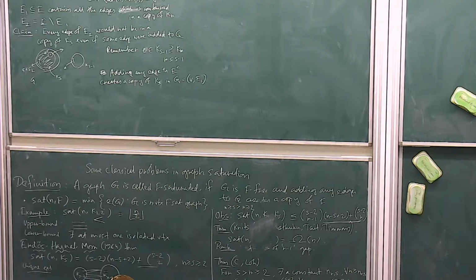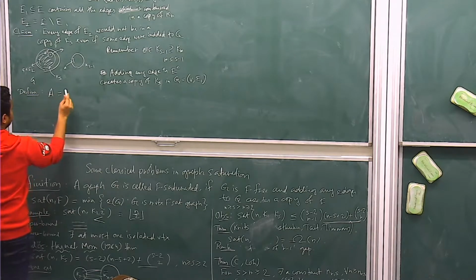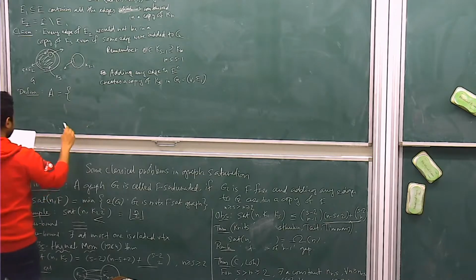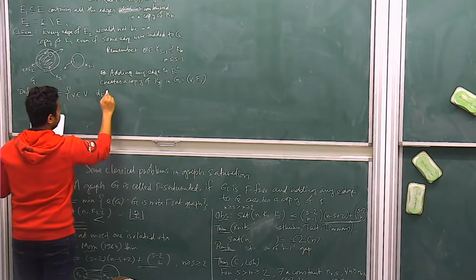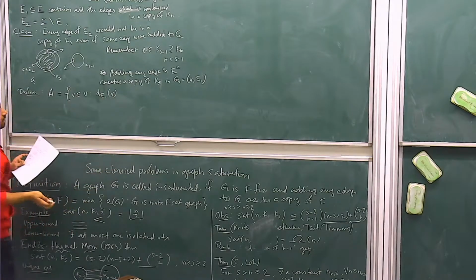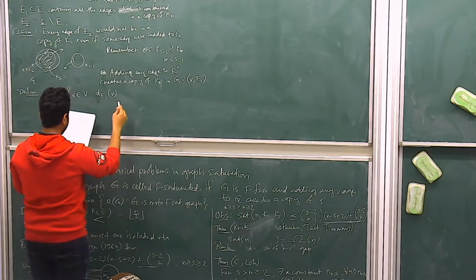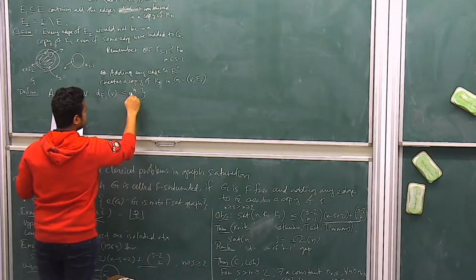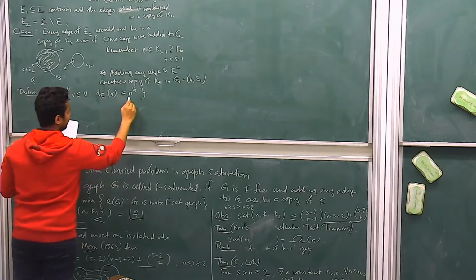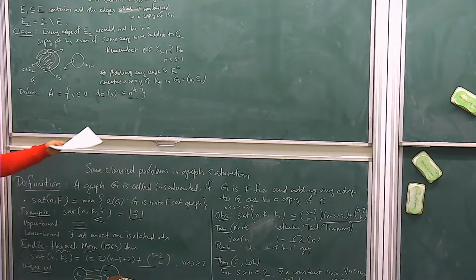Okay. Now define this set capital A, which is a set of vertices whose E1 degree, or in other words degree in G1, is small. You will see why we consider this particular function.